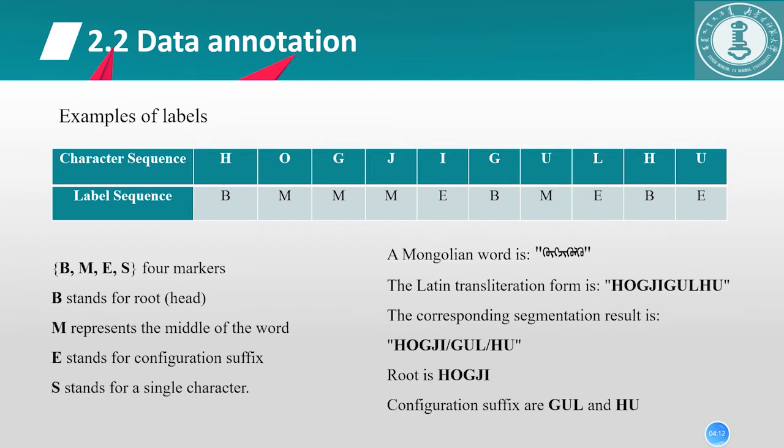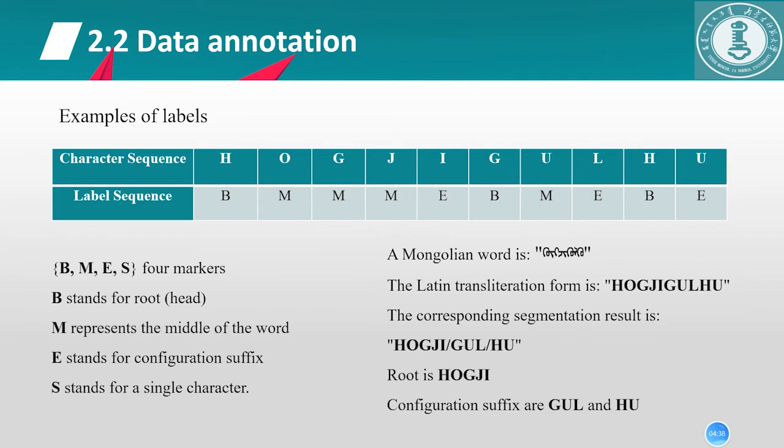The results of labeling of a Mongolian word with 4 categories B, M, E, S are shown in the table. The first line is a single Mongolian character sequence converted from Mongolian sentences, and the second line corresponds to the Mongolian characters' label sequence.